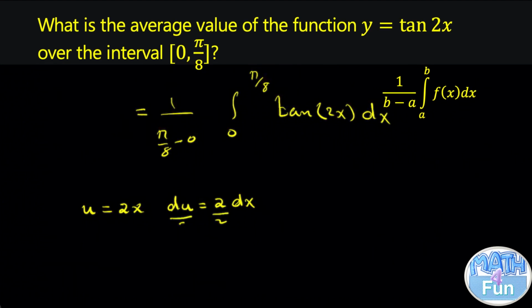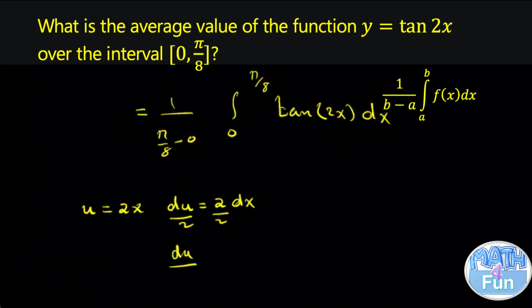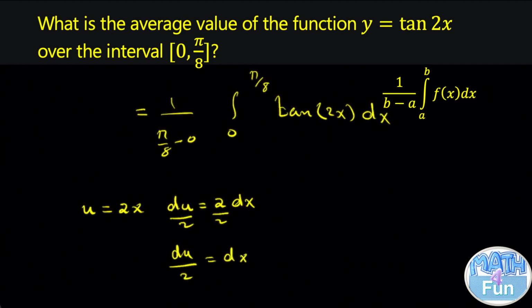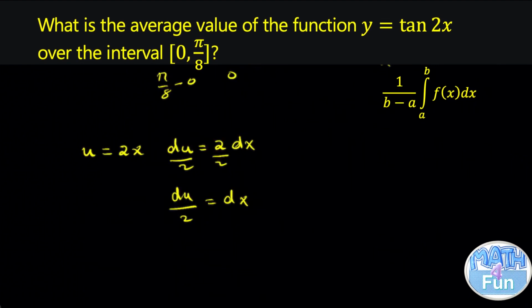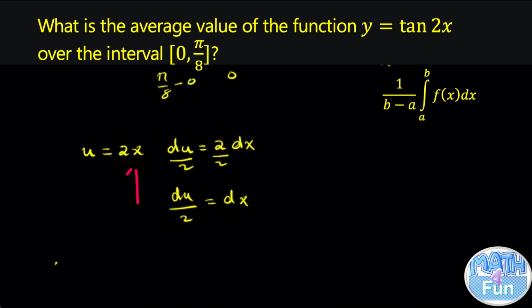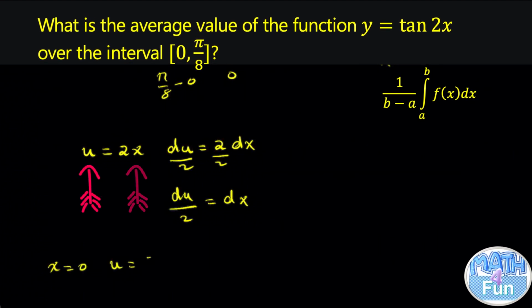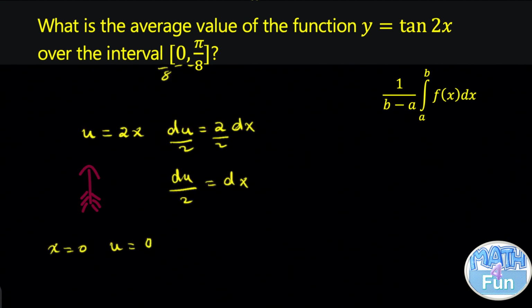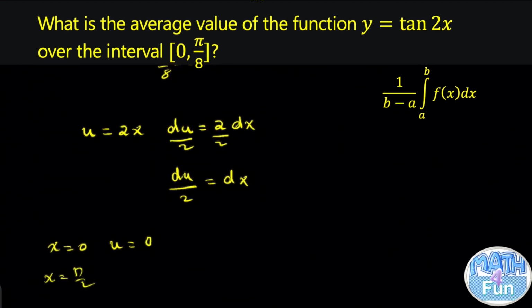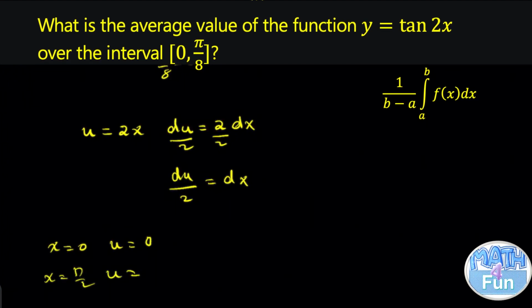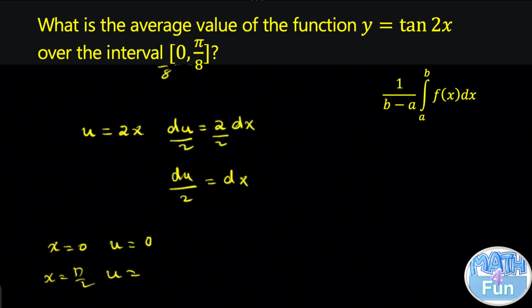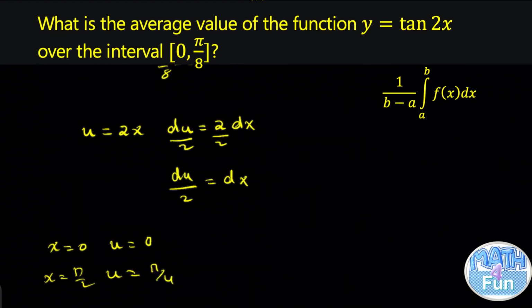Divide by 2, which means that du over 2 is equal to dx, and then we can replace in the integral. And also, when x is equal to 0, u is equal to 2 times 0, which is 0 also. And when x is equal to pi over 8, u is equal to 2 times pi over 8, which is pi over 4.